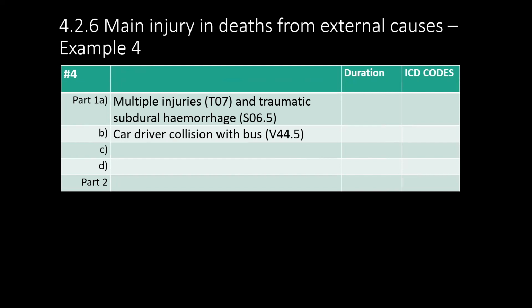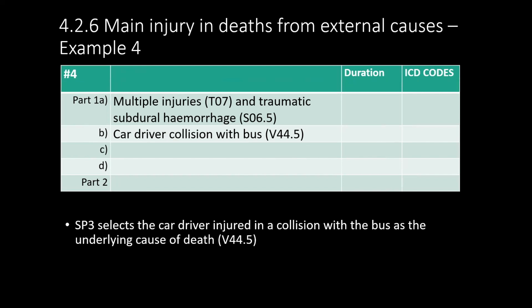Part 1A, multiple injuries, T07, and traumatic subdural hemorrhage, S06.5. 1B, car driver collision with bus, V44.5. SP3 selects the car driver injured in a collision with the bus as the underlying cause of death, V44.5.